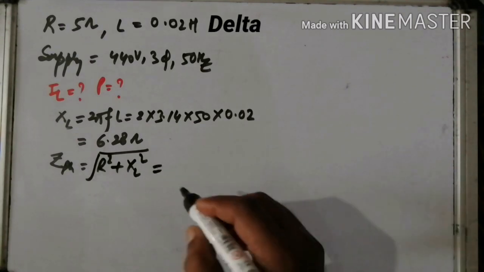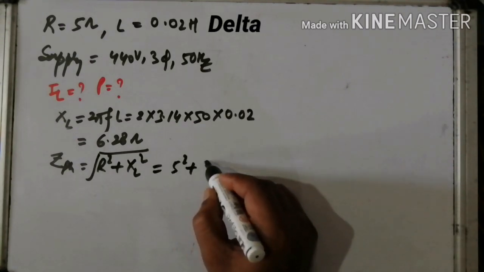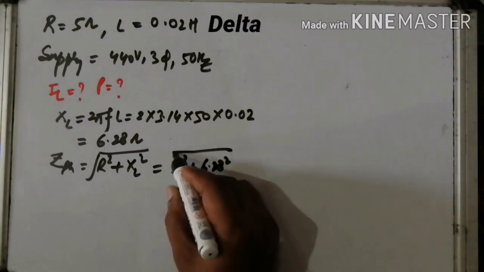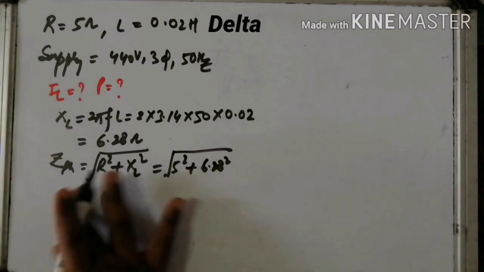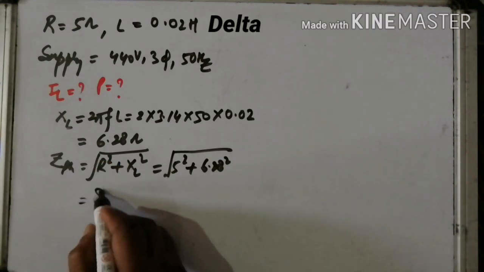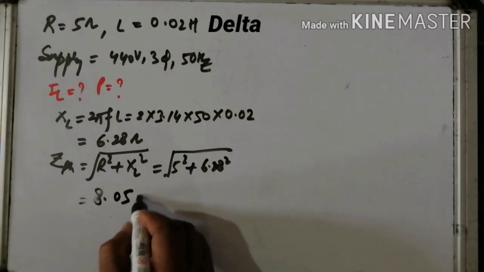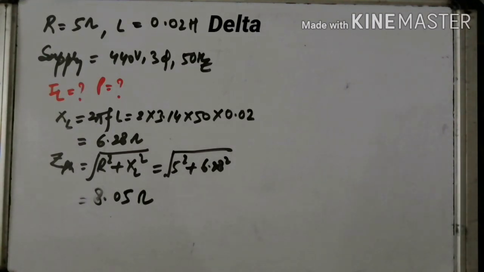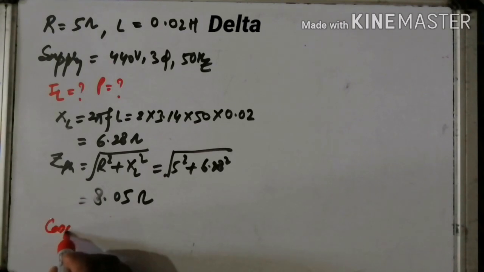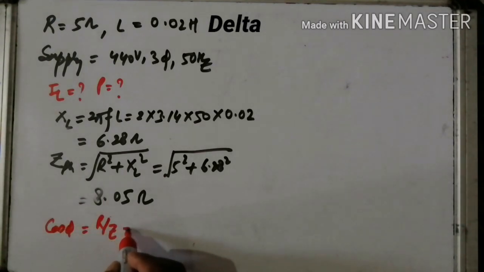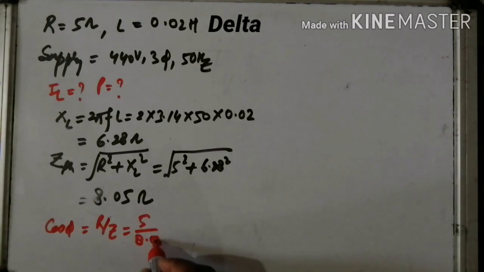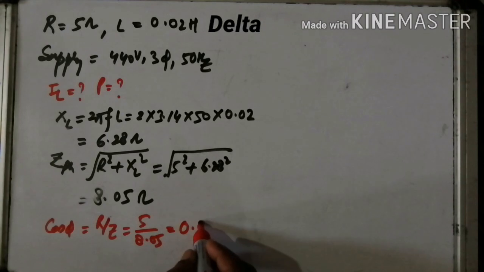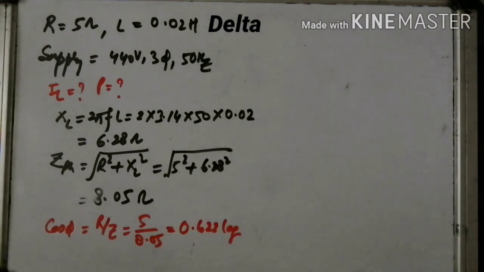According to this formula, it is the square root of 5 square plus 6.28 square, it is 8.05 ohm. Now we can calculate power factor, that is cos phi, which is R upon Z. R is 5, Z is 8.05, and it is 0.622 lagging. This is the value of power factor.